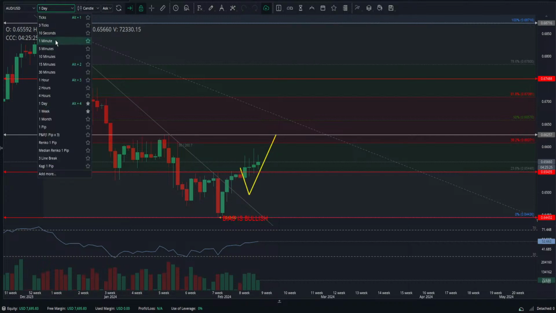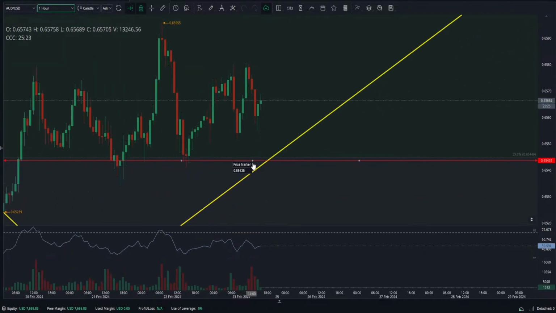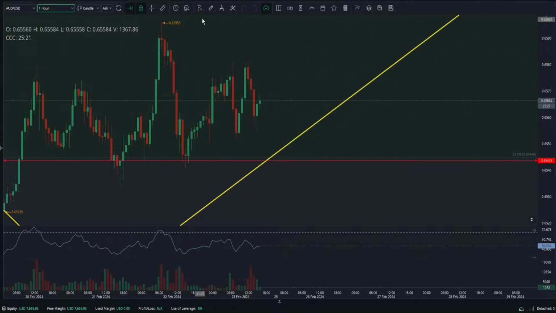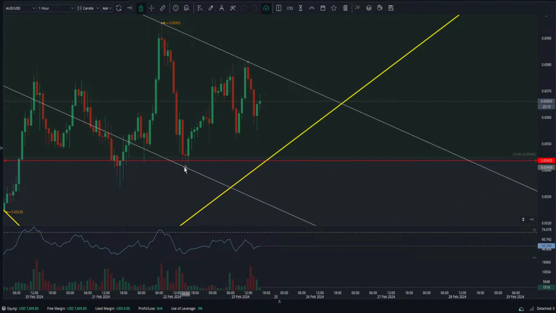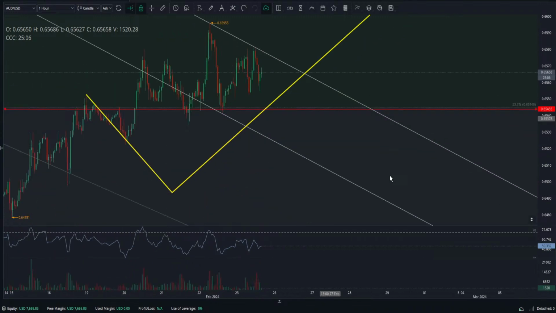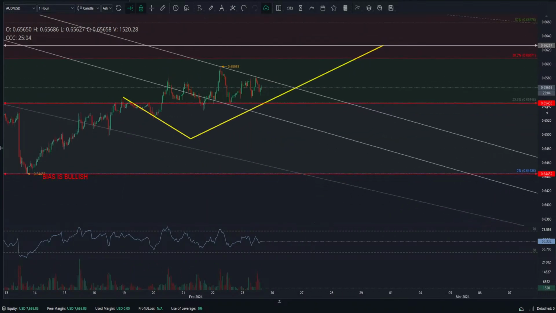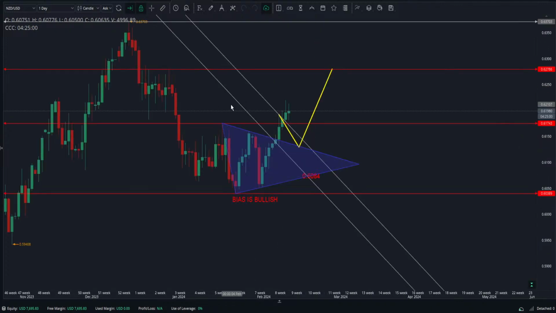But rather than buying it just like that, in a similar case as the euro, you can also draw a falling counter channel on this time frame, 1 hour, and then expect the price to break higher. When it breaks higher, you can buy it with the next target, which is 0.6625.